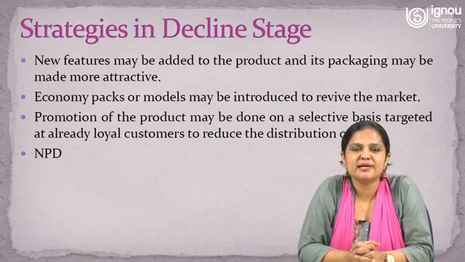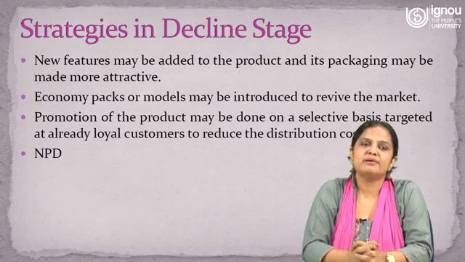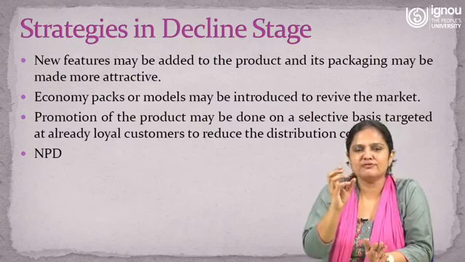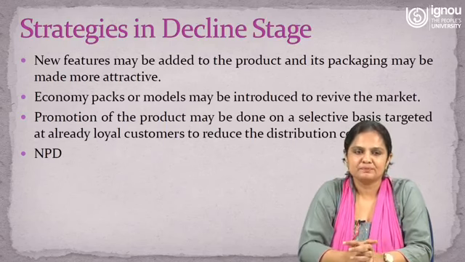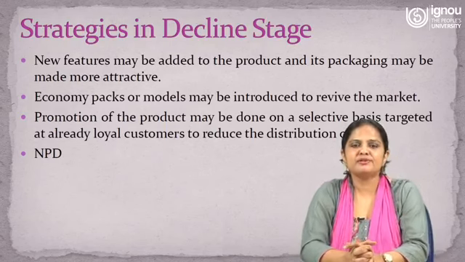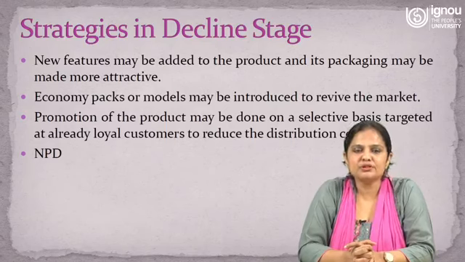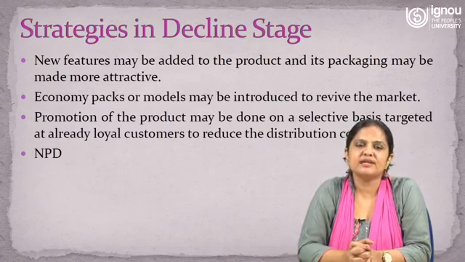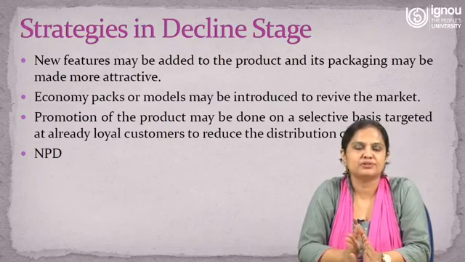New features may be added to the product and its packaging may be made more attractive. Again, you try to give a sense of newness to the existing product. Economy packs or models may be introduced to revive the market, and promotion may be done on a selective basis targeted at already loyal customers to reduce the distribution cost.